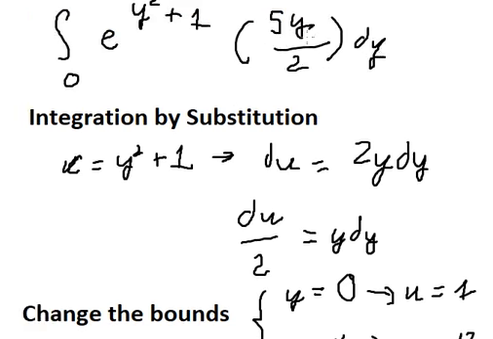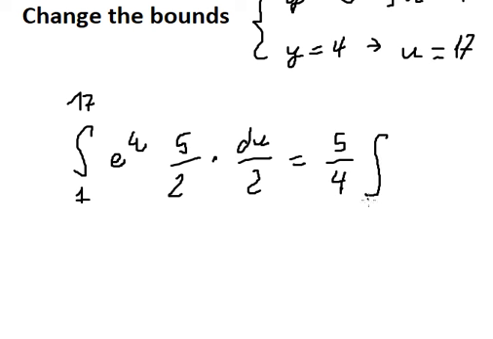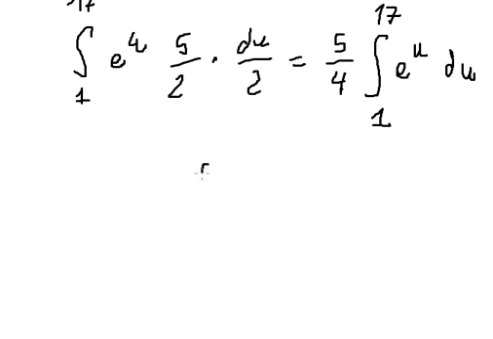We change for du over 2, and we have 5 over 2, and we have du over 2, and then we get 5 over 2 multiplied by 1 over 2, you get 5 over 4, and we have the integral from 1 to 17 of e to the power of u du, and we get the final answer.